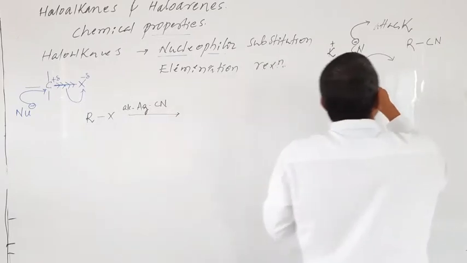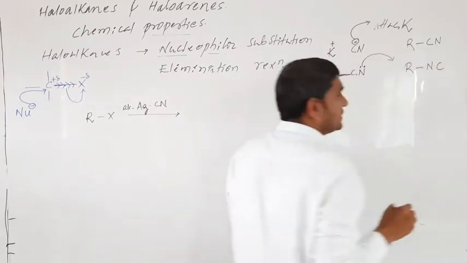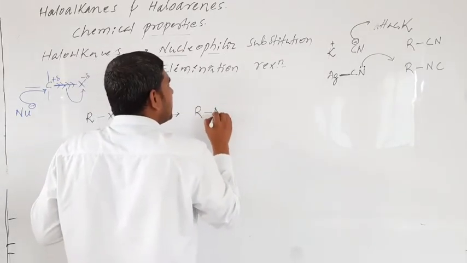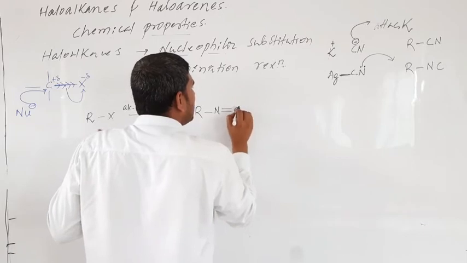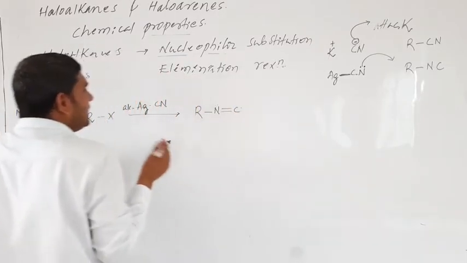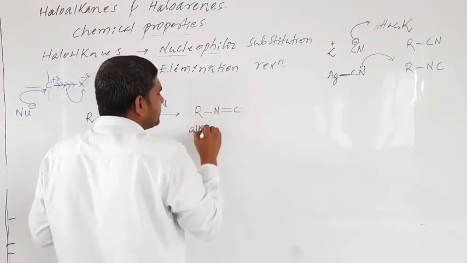When it attacks through nitrogen, what is the product? RNC is the product. RNC means alkyl isocyanide. What is this?